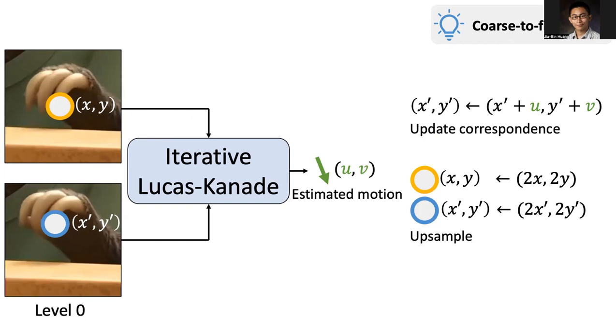The first idea is to iteratively apply the same algorithm. The second idea is that because it's large motion in the high resolution image, it becomes small motion in the low resolution image, and therefore you can do this coarse to fine estimation. The algorithm that works for small motion can be applied to this. It's a very simple idea, but it has a large impact on all the applications we see today.